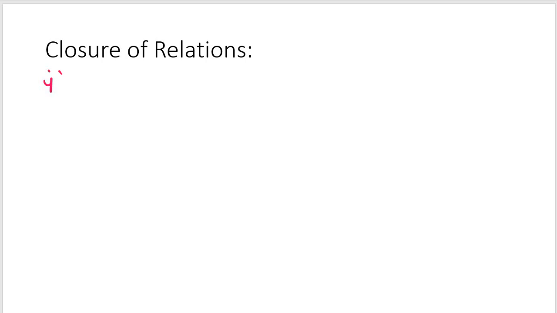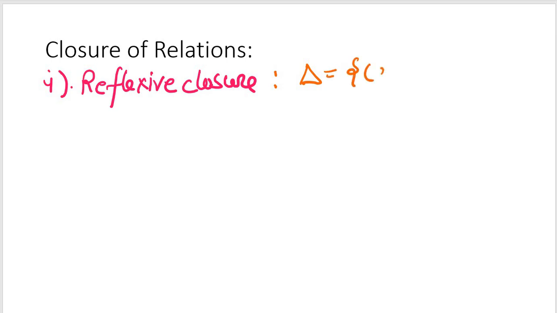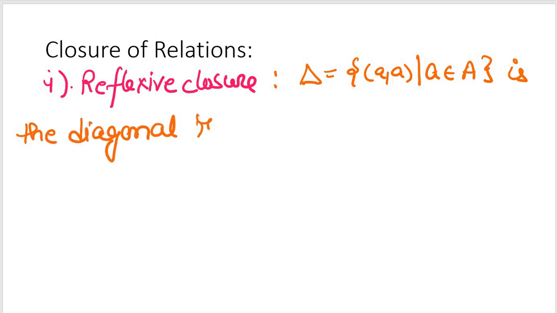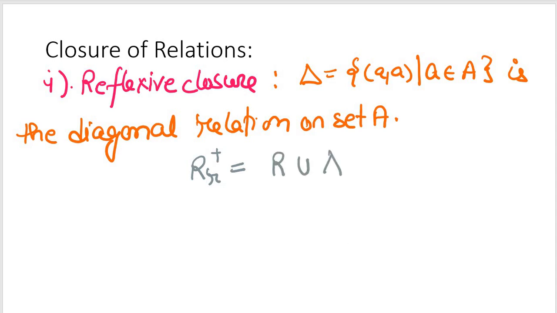One is the reflexive closure. So in this, first of all, we try to find delta, which is nothing but the reflexive property, which is the diagonal relation on A, so the reflexive closure of R on set A is given by R union delta.